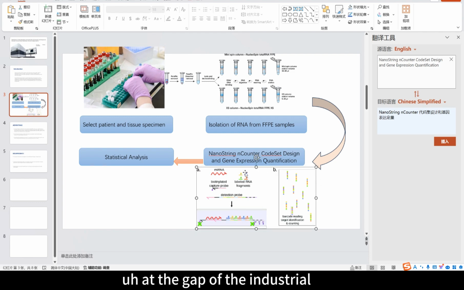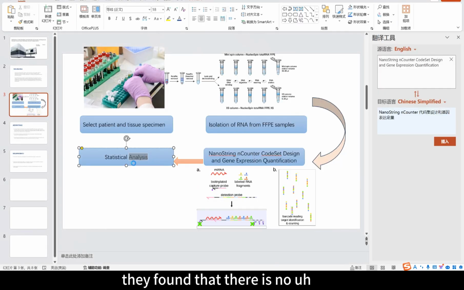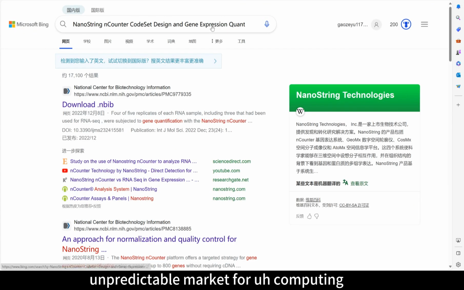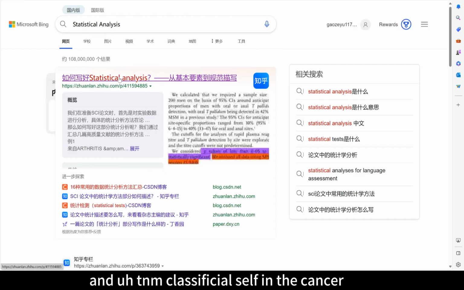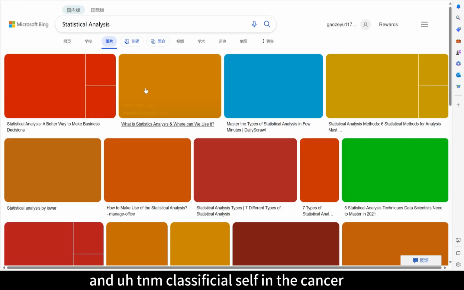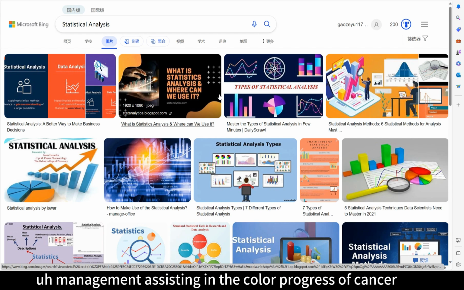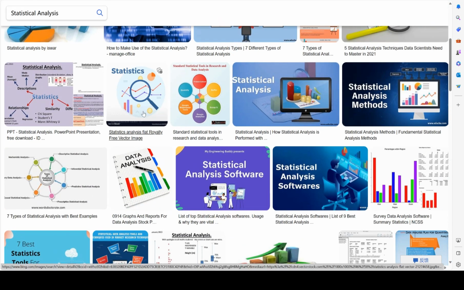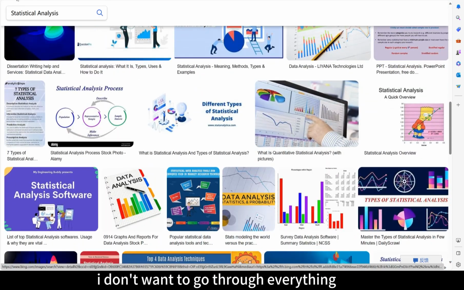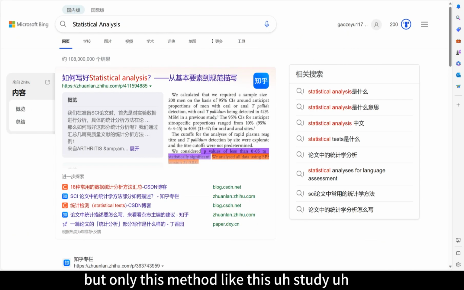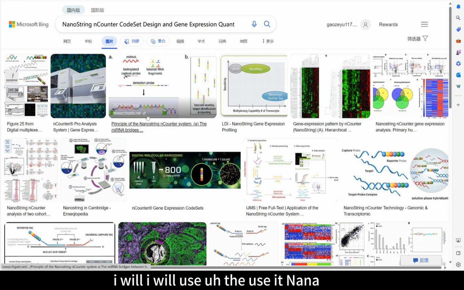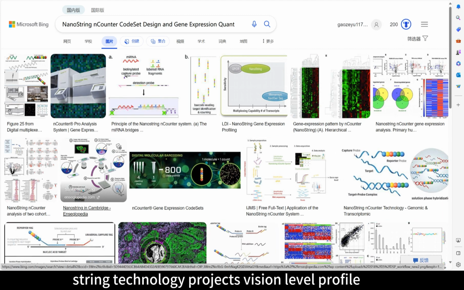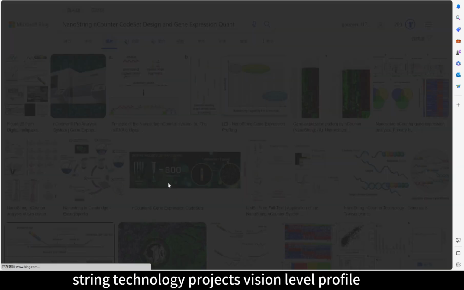At the gap in the literature, they found that there is no predictive biomarker for completing the TNM classification step in cancer management in colorectal cancer. So my objective, sorry, I don't want to go through everything, only this method. In this study, they used nanostring technology for gene expression level profiling.